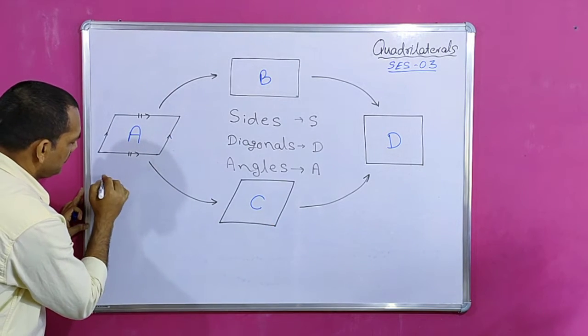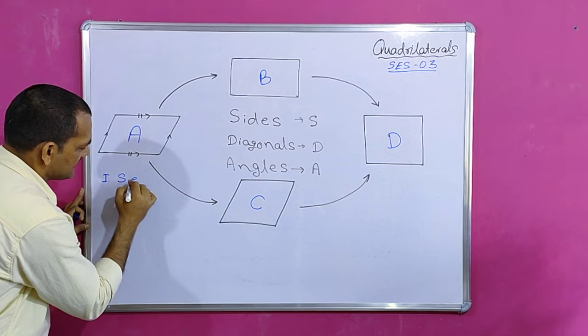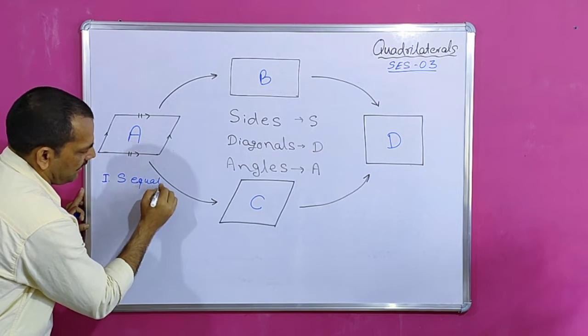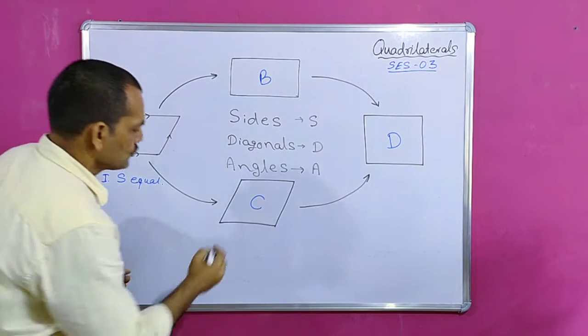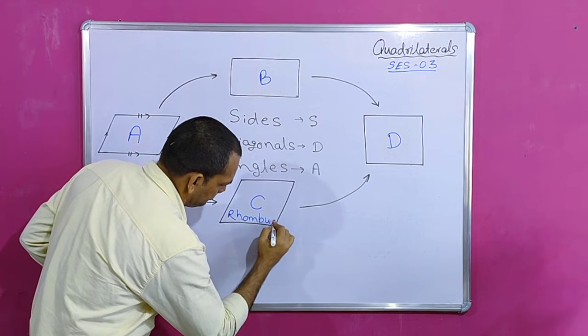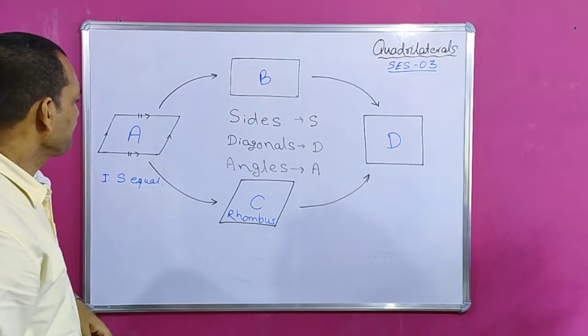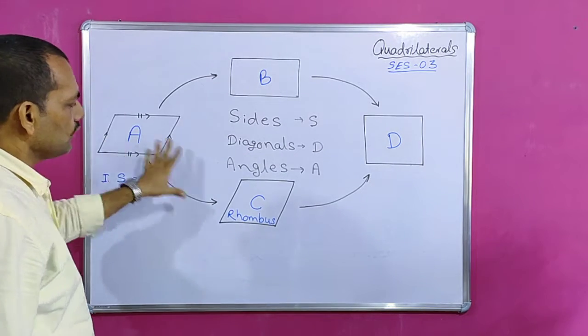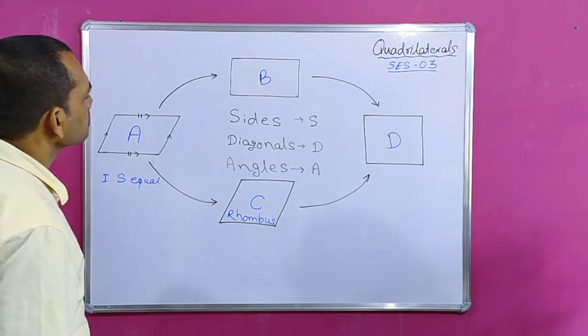Means case 1, S, sides equal. So this became a rhombus. So if all sides are equal, it's a rhombus.